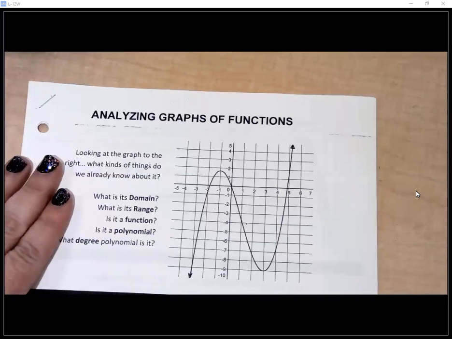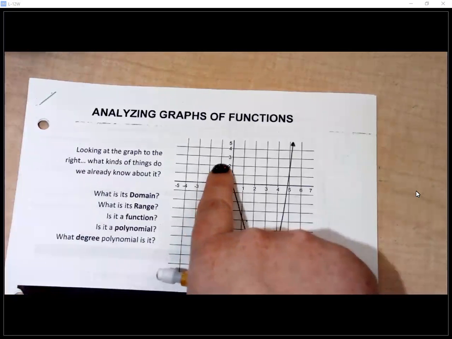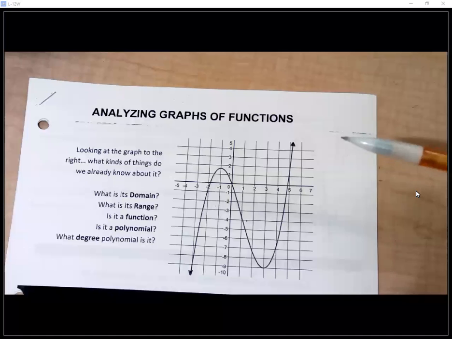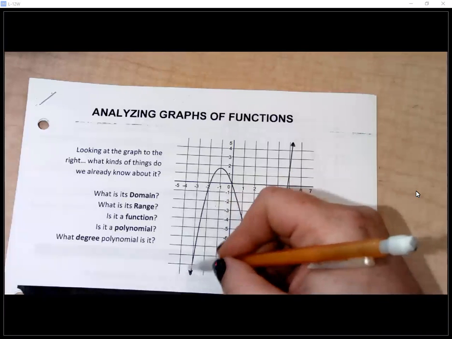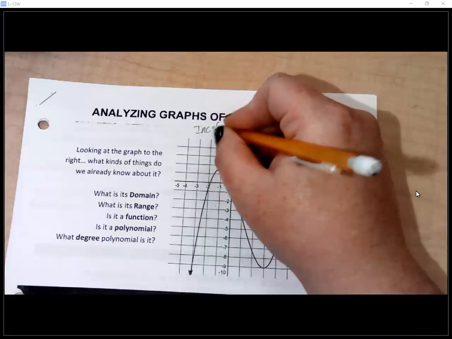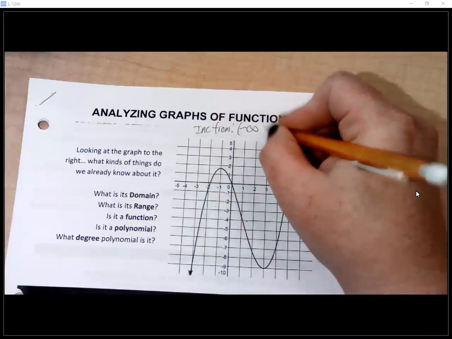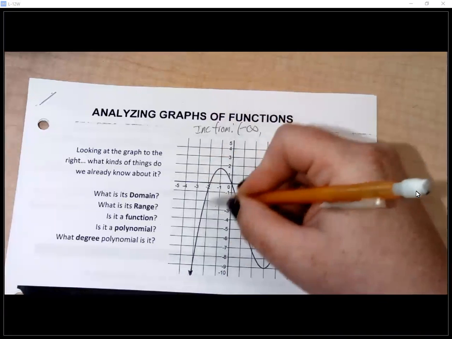So if I were to take a look at the function that we have above here, if I want to know where this thing is increasing, as I trace from left to right, if my finger is going up, there is a section of the graph where I am increasing. Okay, so I could say that this thing is increasing from negative infinity all the way up to right about -1.